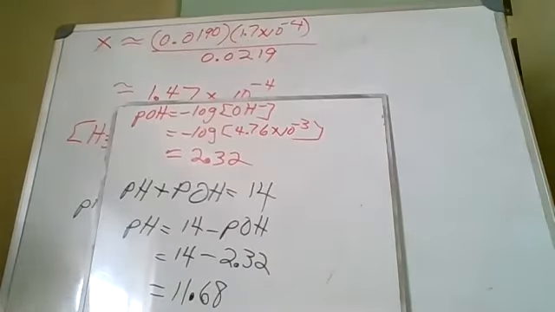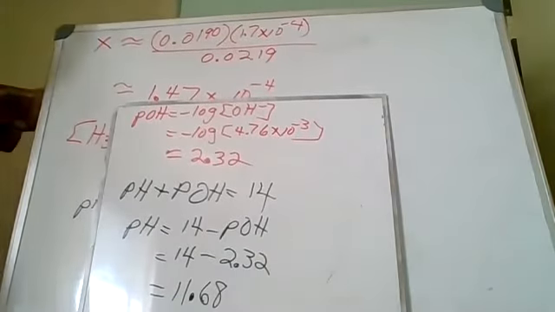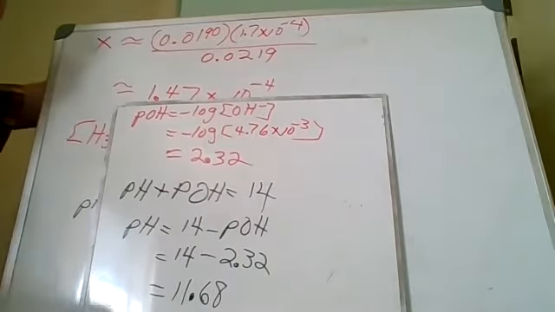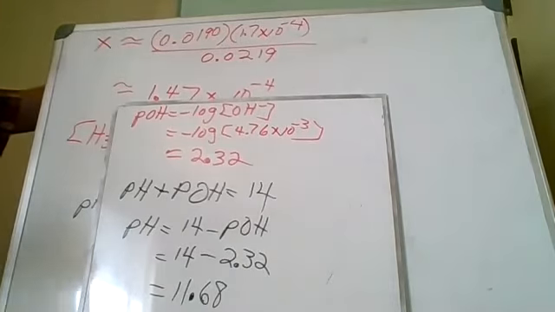11.68. So that's 8 orders of magnitude. Remember, it was 3.83 with the buffer, 11.68 without the buffer. Remember, each difference of 1 pH unit is 1 power of 10 difference in the hydronium ion concentration. So 8 powers of 10, that's 100 million.